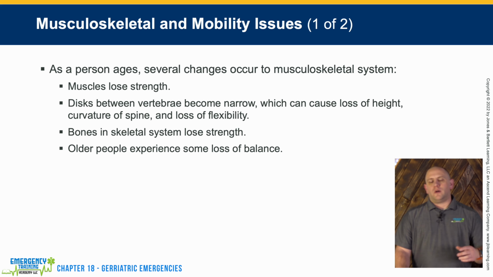And all of these losses of muscular strength and bone strength lead to some loss of balance, which is compounded if they have an inner ear disturbance as well, increasing their risk of fall.